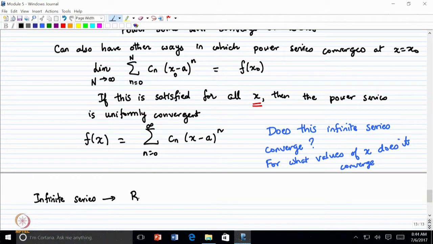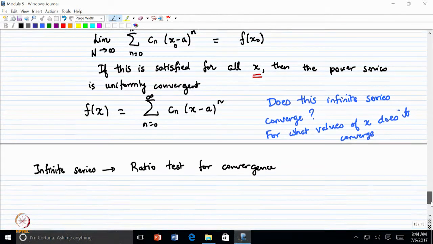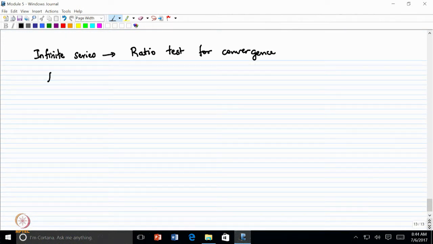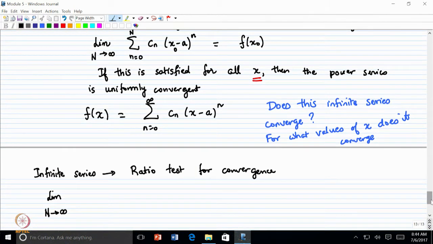Now there is a simple test for infinite series called the ratio test for convergence. The ratio test basically says, applied to this particular series, take the limit as n tends to infinity of the absolute value of the (n plus 1)th term, C n plus 1 times (x minus a) raised to n plus 1, divided by the nth term, C n times (x minus a) raised to n.